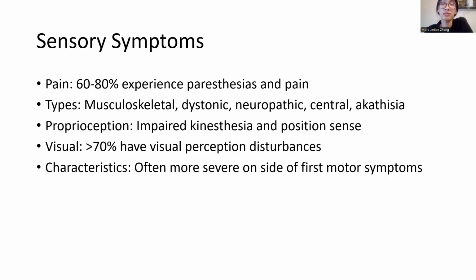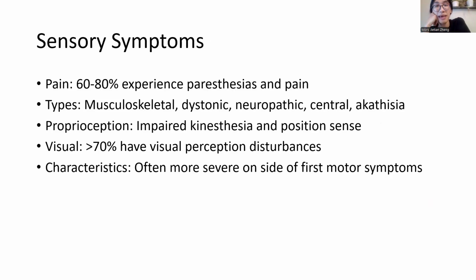While patients with Parkinson's disease don't suffer from primary sensory loss, 60 to 80% experience paresthesias and pain as early symptoms. These include sensations of numbness, tingling, coldness, aching, and burning.